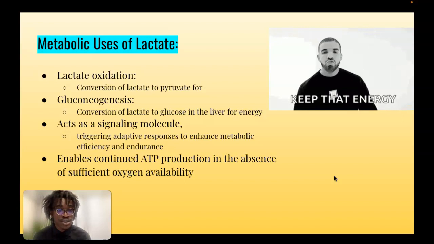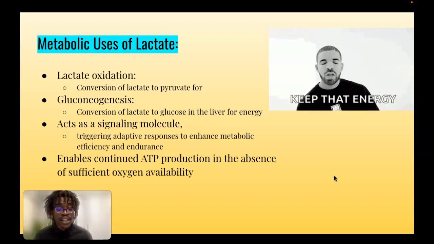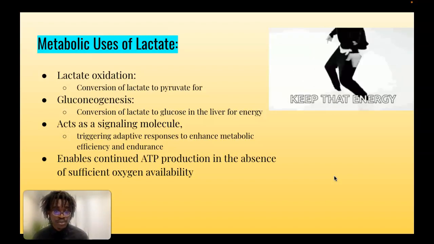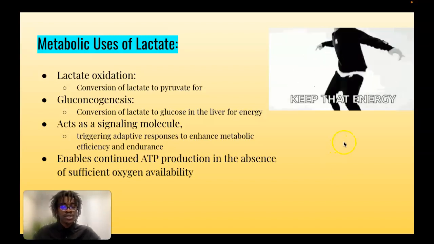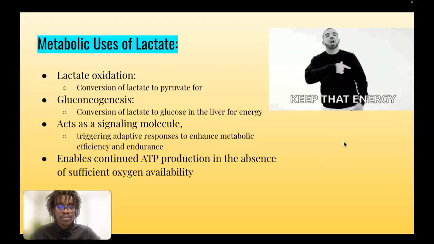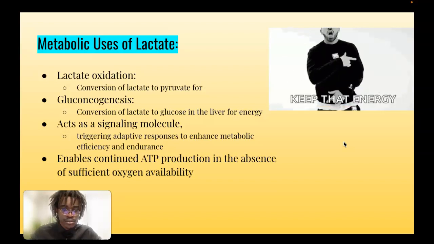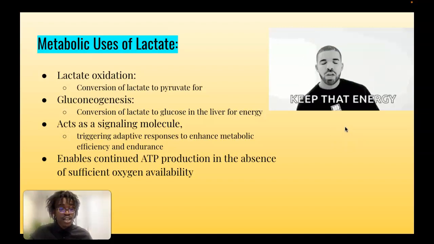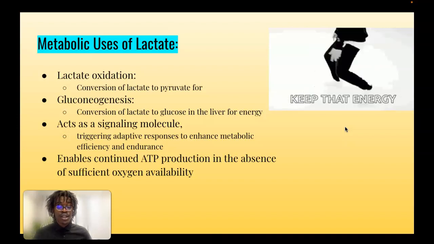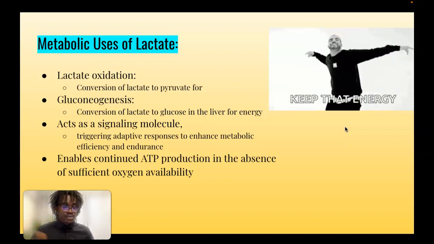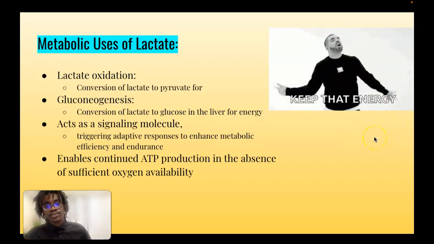It gets turned into new glucose, and it also signals to other muscles and tissues and sends responses due to exercise and oxygen availability. And it also enables continued ATP production because it's used as fuel. And as we breathe and get oxygen back into our bodies, it triggers the ATP production.